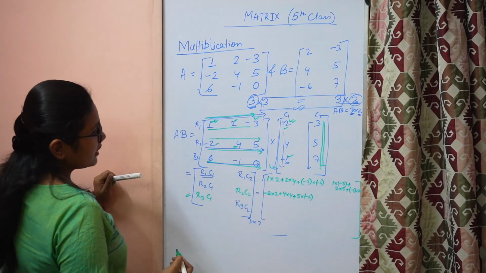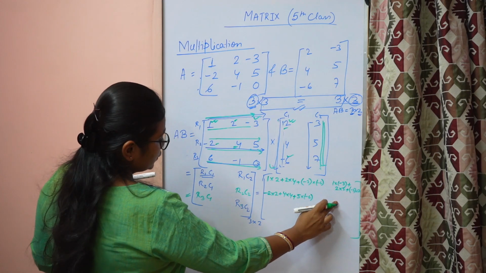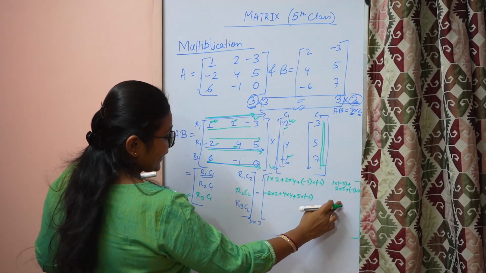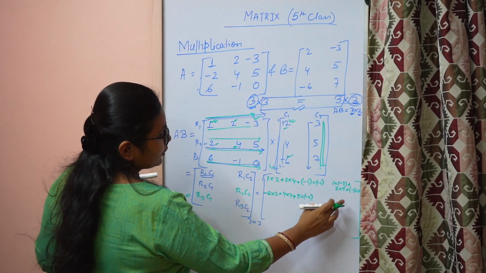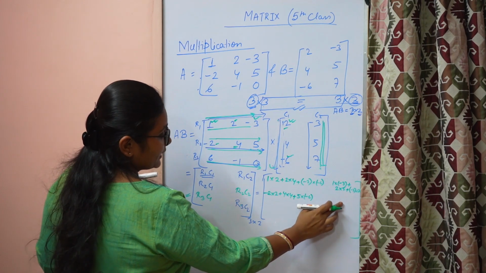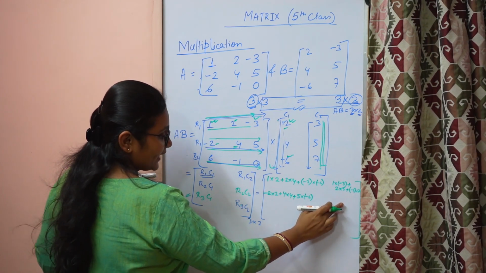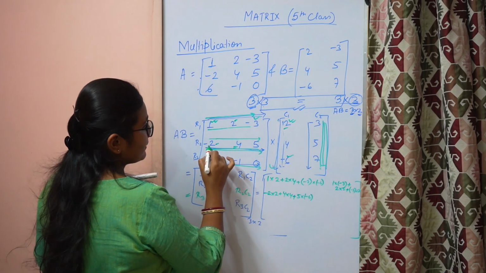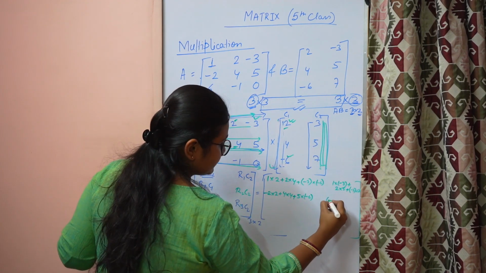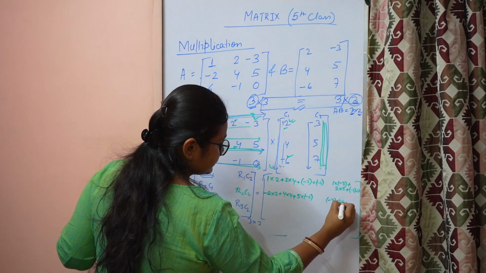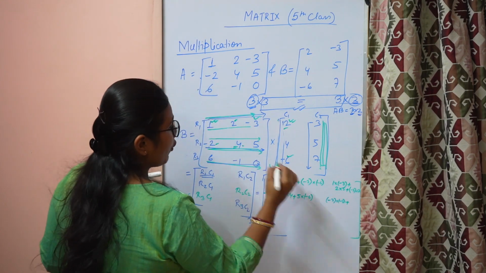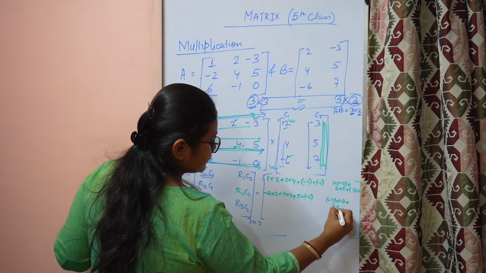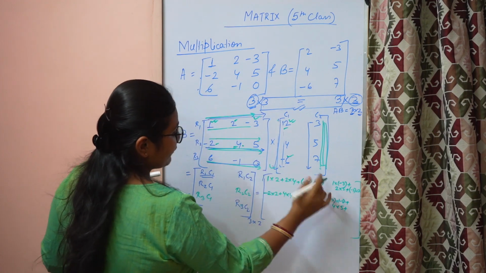Now the second element of the second row is the multiplication of the corresponding elements of the second row and second column: minus 2 into minus 3, plus 4 into 5, plus 5 into 7.